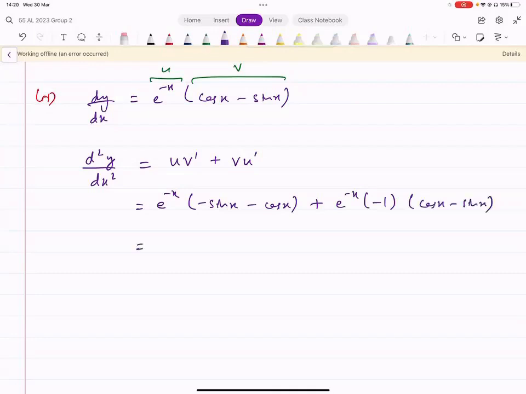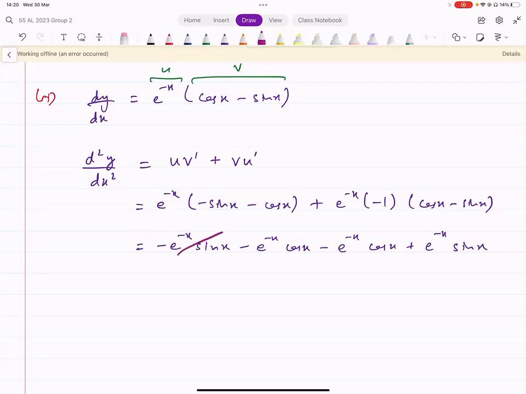If you simplify this, you get minus e raised to power minus x sin x minus e raised to power minus x cos x minus e raised to power minus x cos x plus e raised to power minus x sin x.